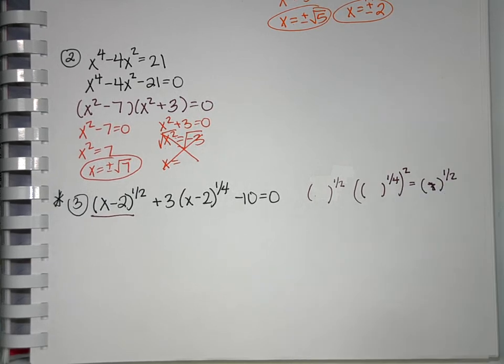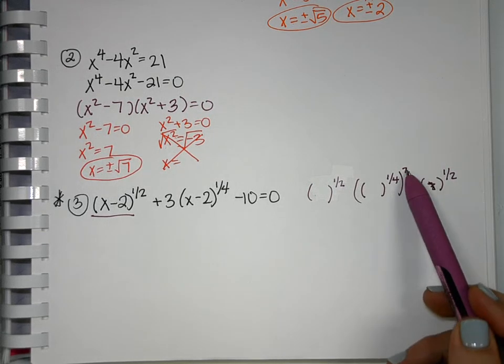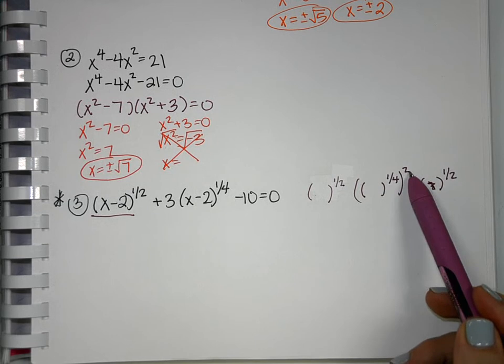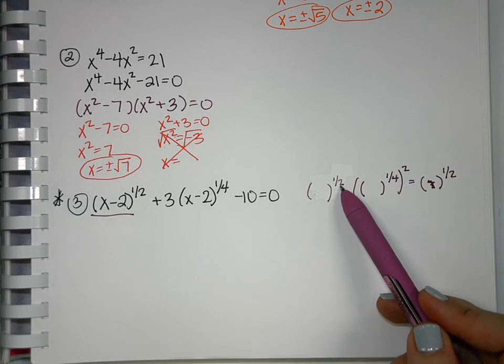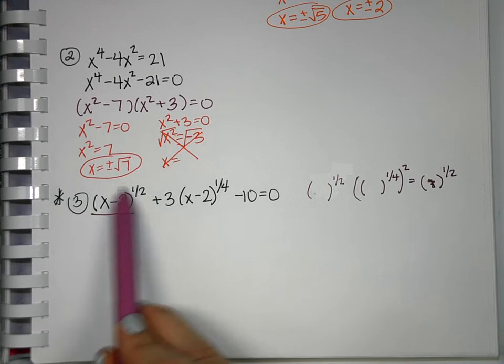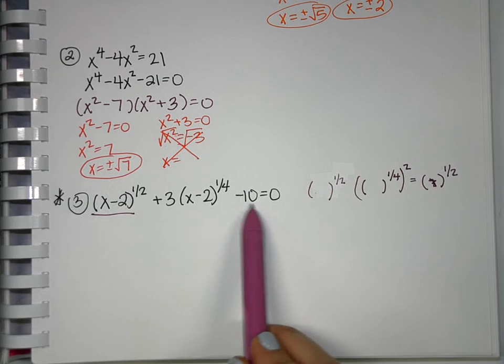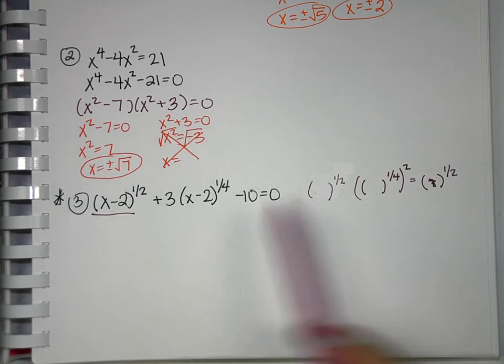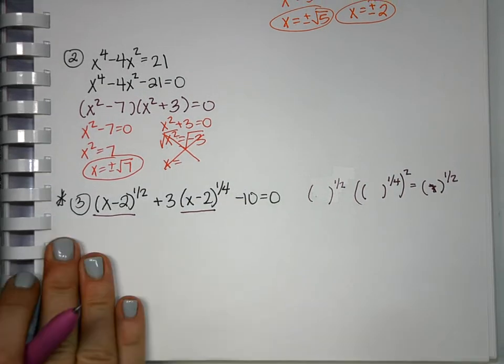So one of the things with fractional exponents that you want to remember is that when you multiply these, so if you had 1/4 squared, you get 1/2. So that's kind of showing us that this here is a squared term, this is a linear term, and this is our constant term. So what you can do is take something to the 1/4, and if you square it, you'll get something to the 1/2.